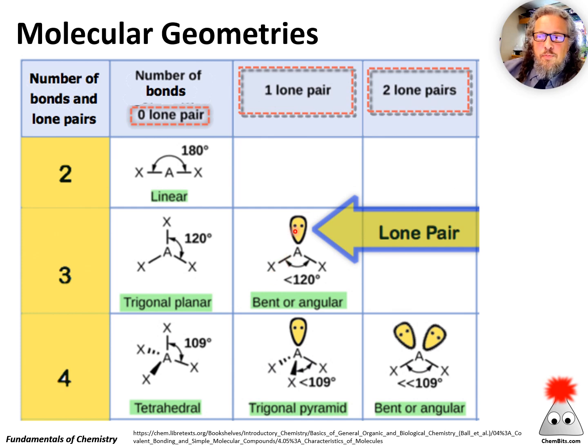So this pair of electrons is closer to the central atom, which pushes these two away from each other, away from that lone pair. So it squeezes this angle down. You can see that in this case. This ideal angle is 109 degrees. In a trigonal pyramid, it's a little bit less than 109. In a bent or angular, it's even less than it was in the trigonal pyramid.